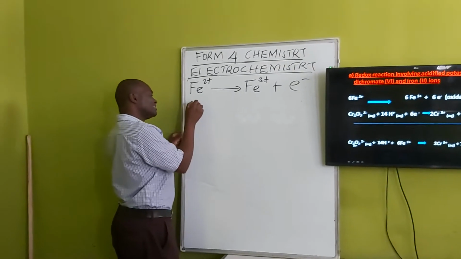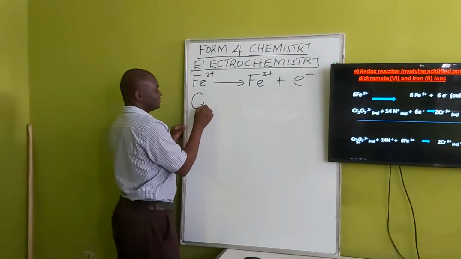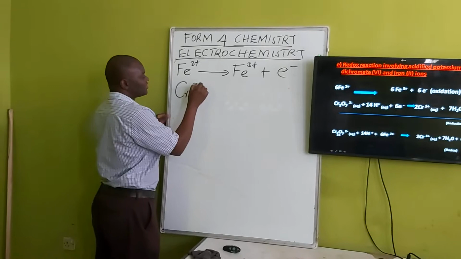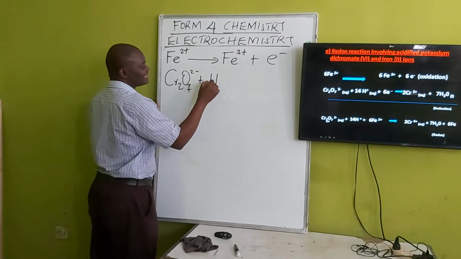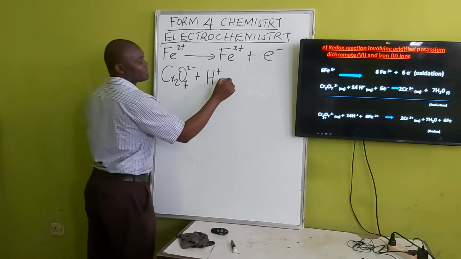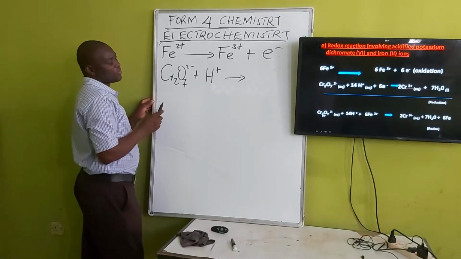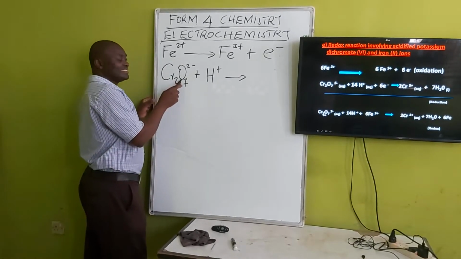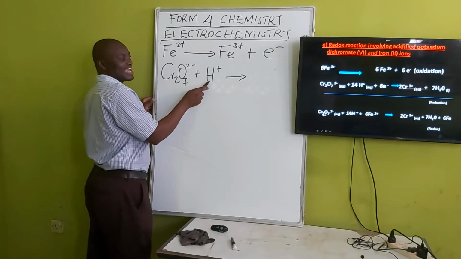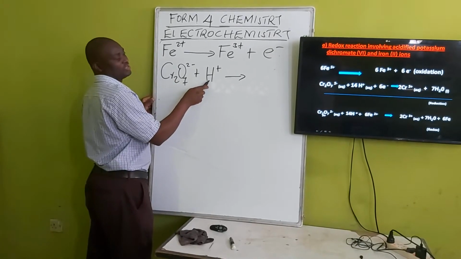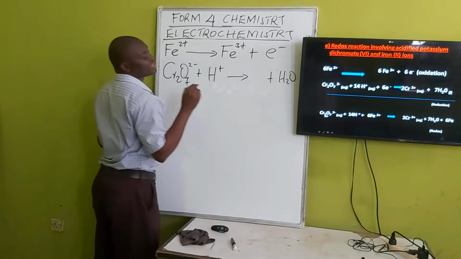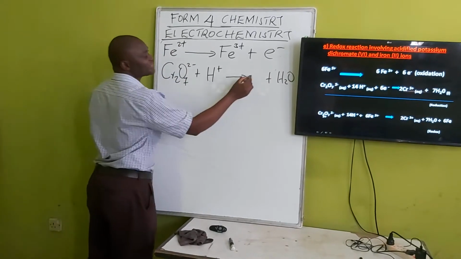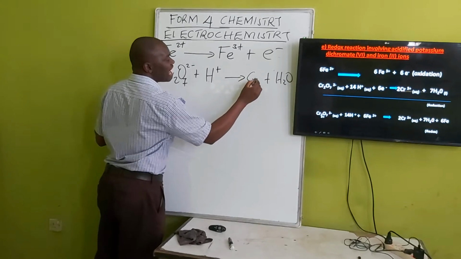If you missed the last part where I explained this, make sure that you watch the last video. Now, the dichromate ion, in the presence of an acid, will oxidize the hydrogen ion to form water. And then we will remain with chromium(III) ions.